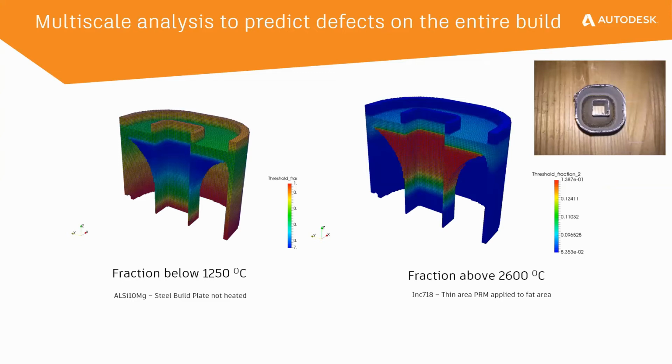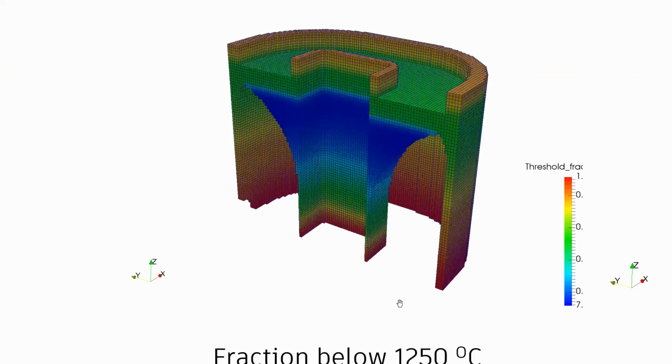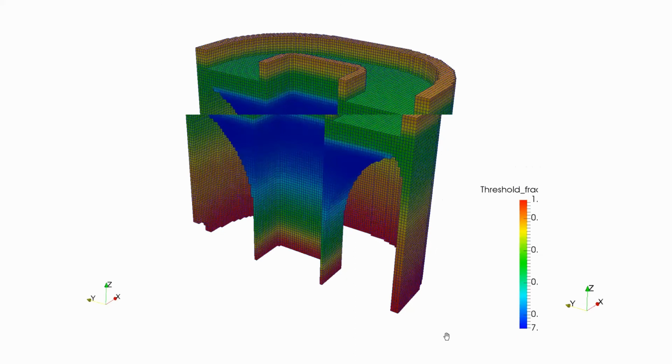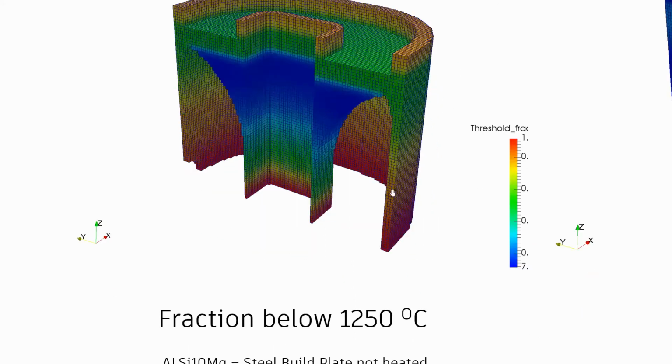If you look at the scenario on the left-hand side, you'll see that if you try to print aluminum on a steel plate that is not heated, what happens is the bottom layers, let me just zoom in there, the bottom layers are not getting hot enough. That is what this is showing, that this bunch of layers at the bottom did not reach the required temperature. Why wouldn't they reach the required temperature?